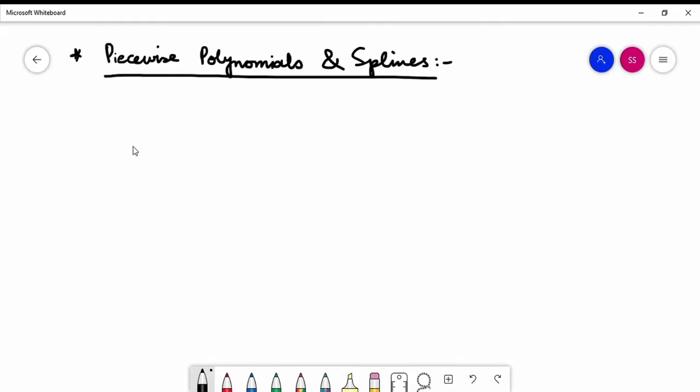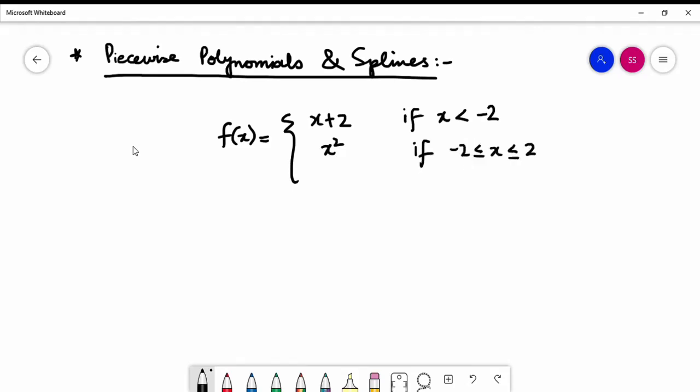Now, I can give you an example. For example, f of x is equal to x plus 2 if x is less than minus 2, x square between the interval minus 2 and plus 2, and e to the power x if x is greater than 2.